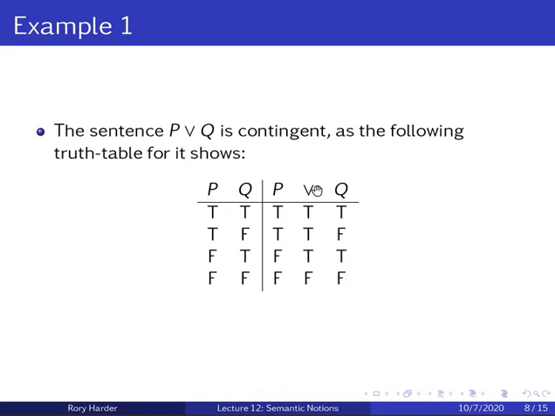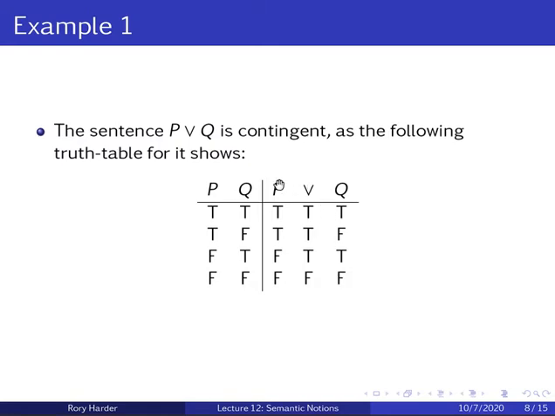A disjunction is true just in case at least one of its disjuncts is true. So in the case where both P and Q are true, it's true. Where P is true and Q is false, it's also true, because all we require is that one of the disjuncts is true. Where Q is true and P is false, it's still true because the other disjunct, this time, is true. But where both P and Q are false, the entire disjunction P or Q is false because neither of the disjuncts is true.